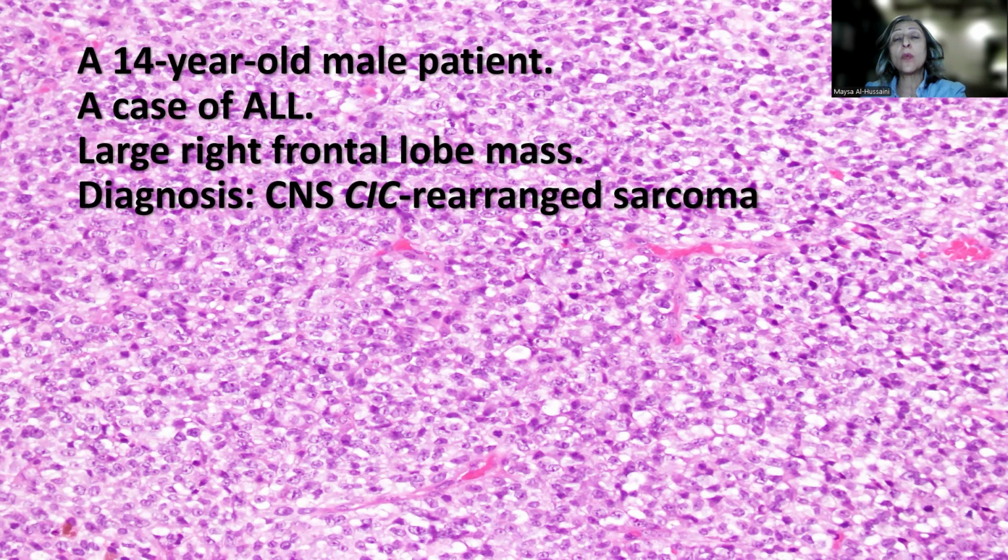The patient underwent extensive imaging, including PET scan, and there was no evidence of CIC sarcoma anywhere else in the body. So this is consistent with the primary CNS CIC-rearranged sarcoma.